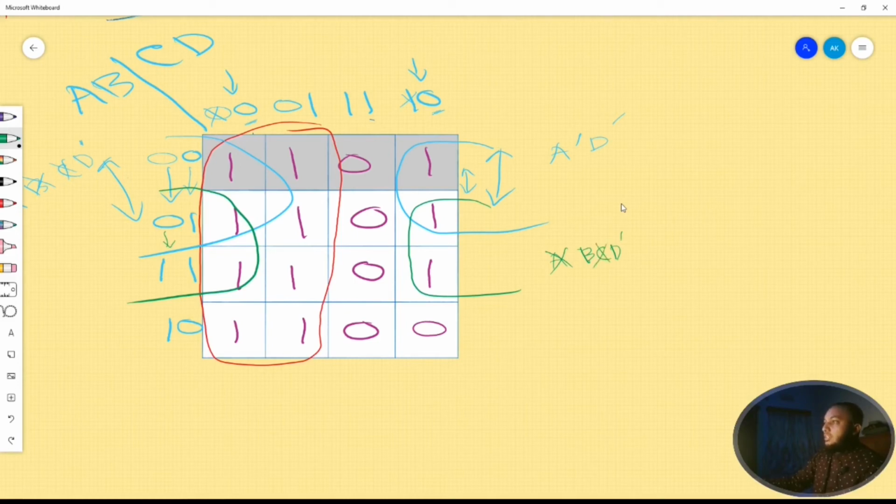So for the green group, we can write the expression like this, the product of B D prime.